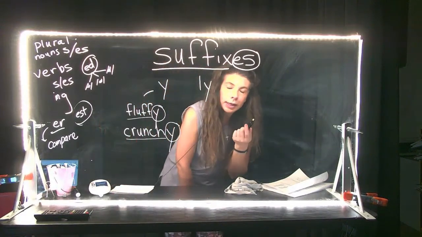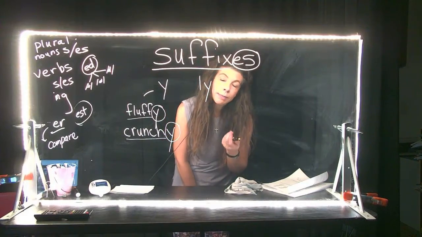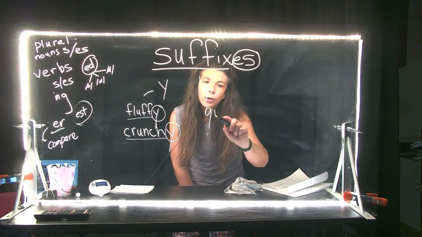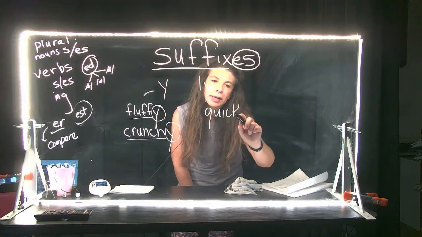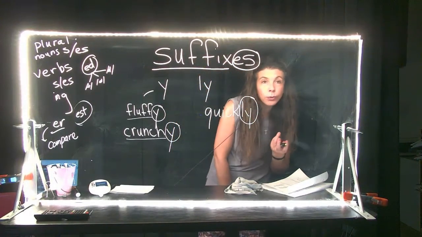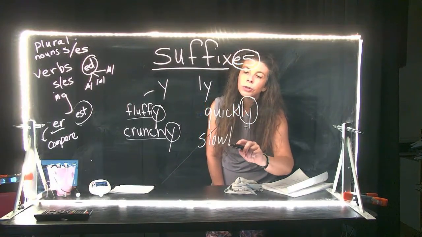LYs are added onto words that describe verbs, so they make words adverbs. For example, if you move quick, you would say that you move quickly. How do you move? Quickly. Or maybe you move slowly.